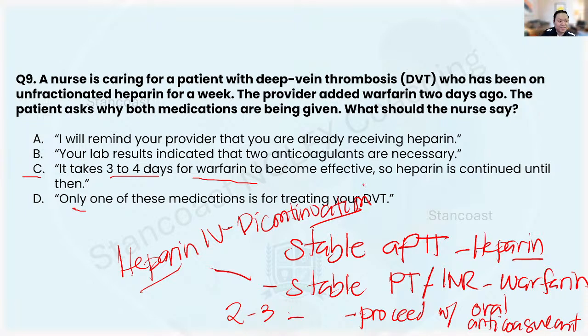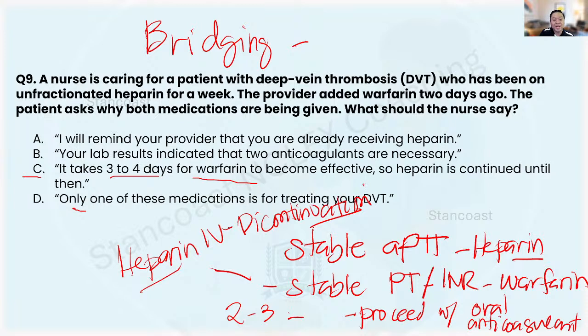Don't forget this word, guys. Bridging. I never learned this back in nursing school. Never. I only learned this when I was studying for the NCLEX. Because back in my student days, we were not really exposed to the anticoagulation therapy.